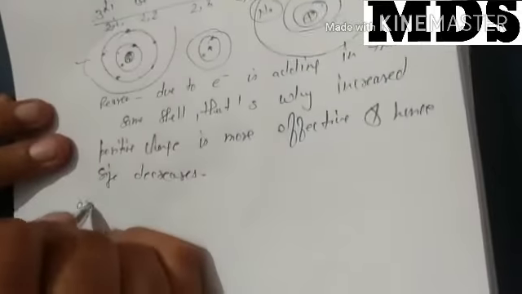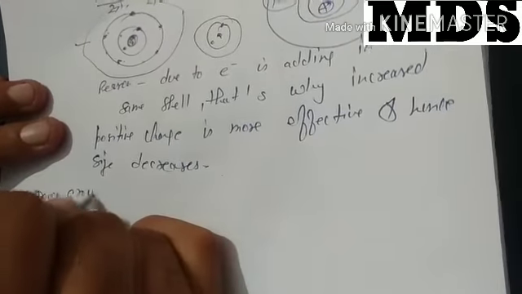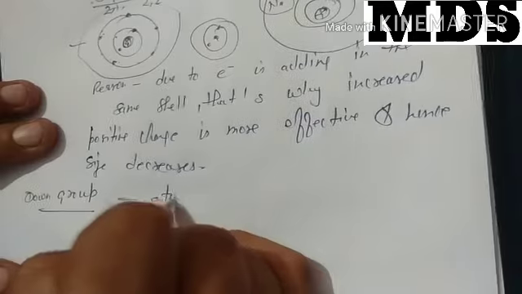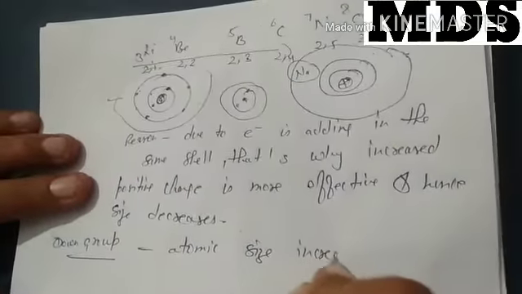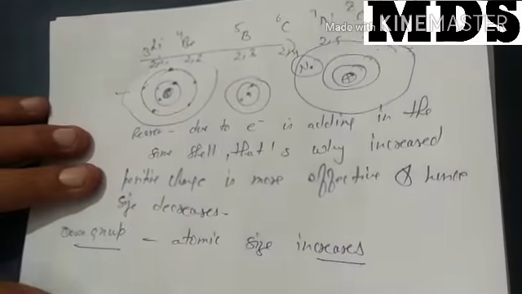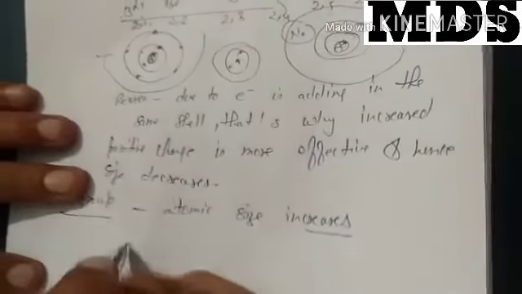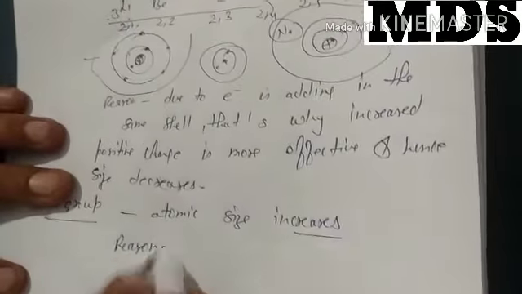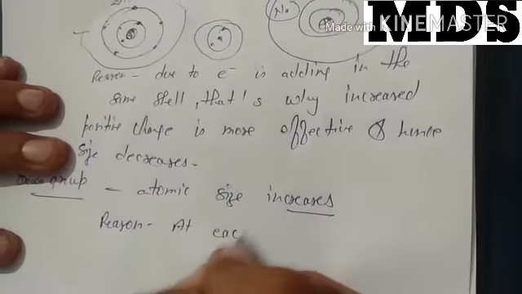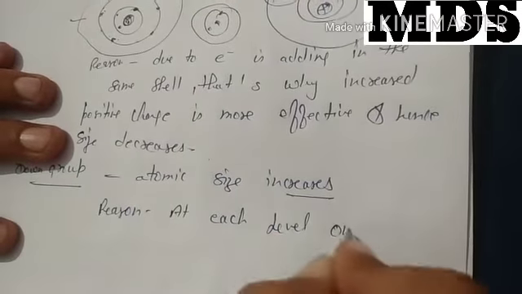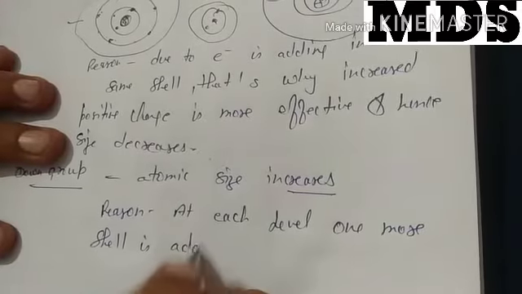Now if we discuss down the group: down the group, atomic size increases. Always increases. Along the period it decreases, down the group atomic size increases. Now, this is the trend. Why? Now you must know the reason. Because you will say that at each level, one more shell is added.